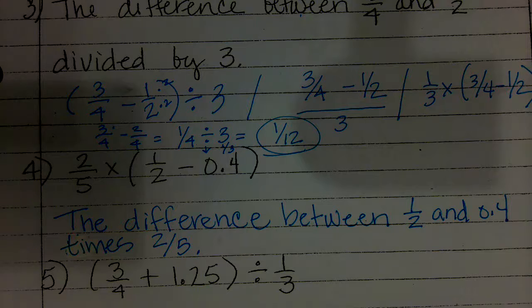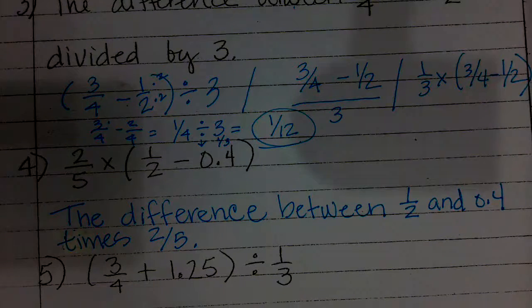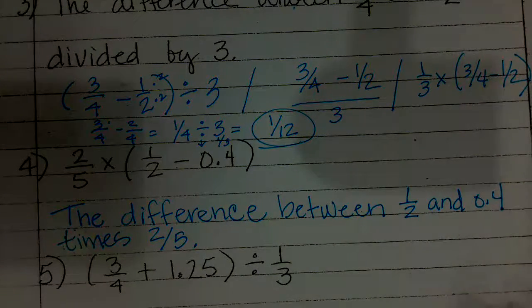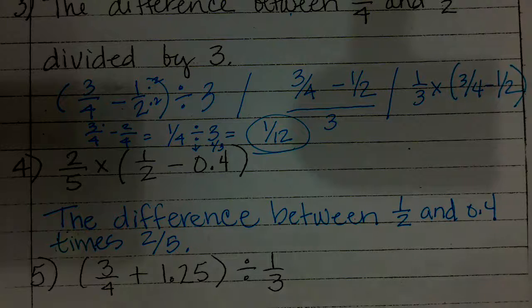What do you think? I think that looks good. Is there any other way that you might like to write that? I want you to think about it for a moment and see if there's something you can come up with. I did not come up with anything that I would do differently. Maybe you could say 2/5 times the difference between 1/2 and 0.4.